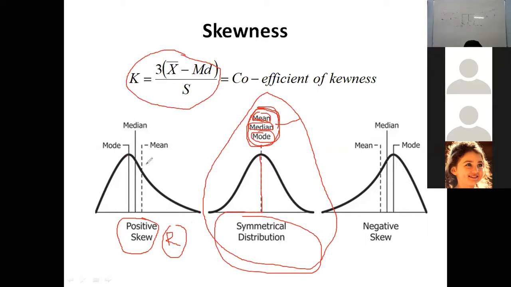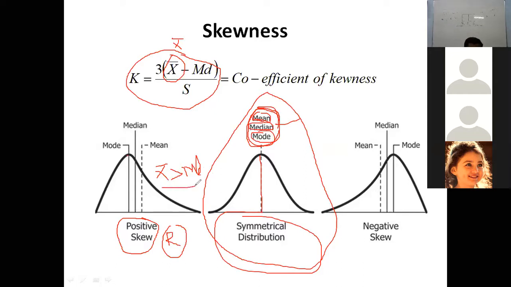So what can you say, the mean is a higher value than the median, isn't it? Here we have X bar in this case. I will write that the mean is higher than the median, MD.